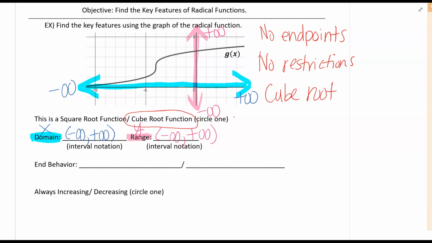Now for the end behavior, this time I do have two pieces of the end behavior because I have arrows on both sides, okay? So it doesn't matter which one you do first, the left or the right, as long as you have the correct infinity with it. So this one over here, pointing towards the top, what side is that? The right or the left side? Right side. And it's going forever up or down? It's going upwards.